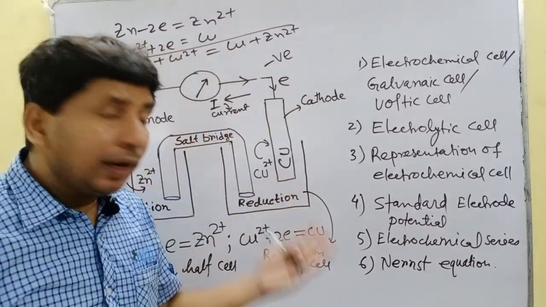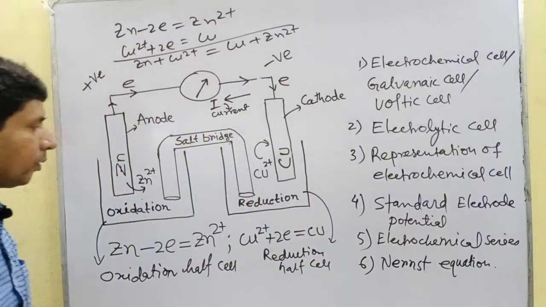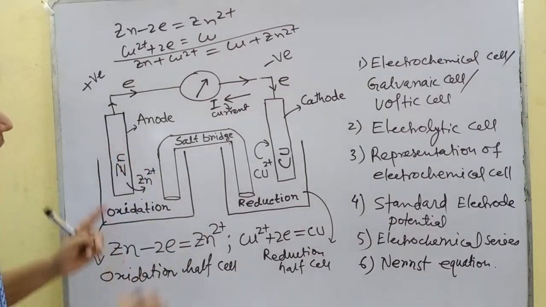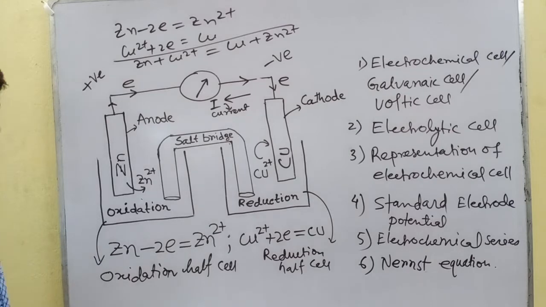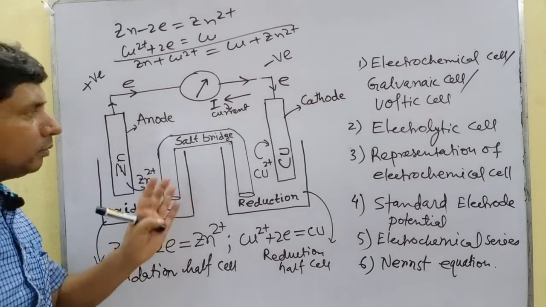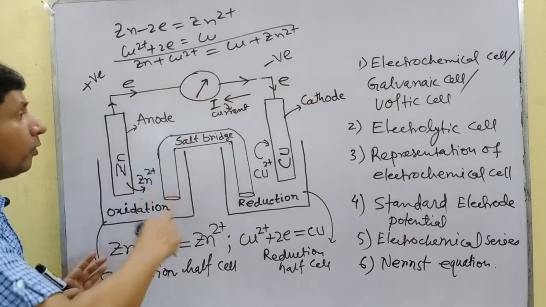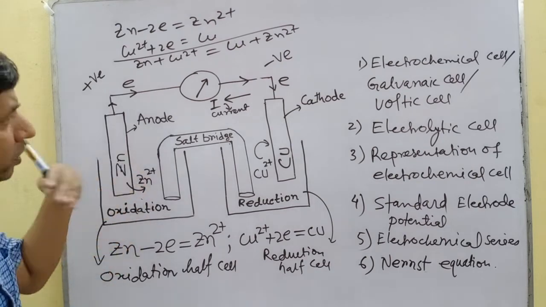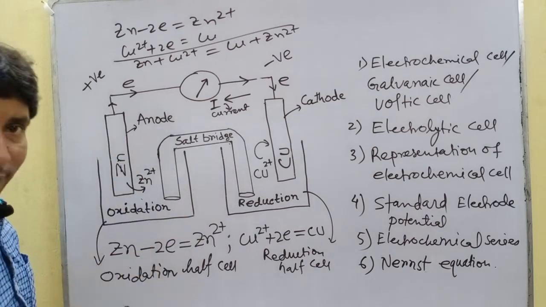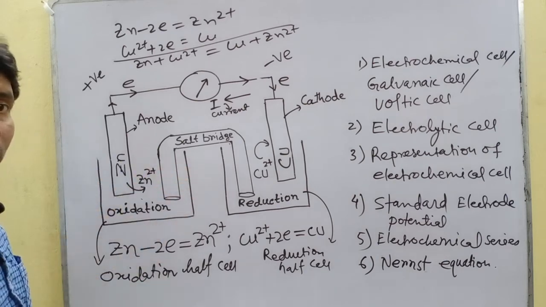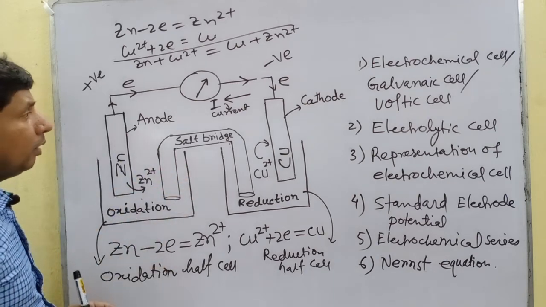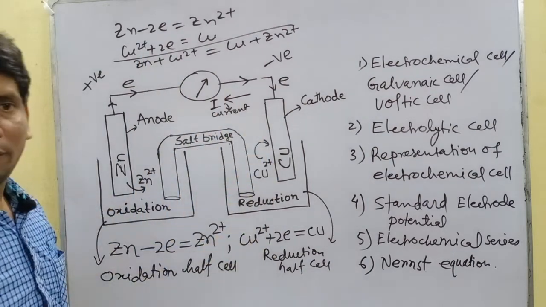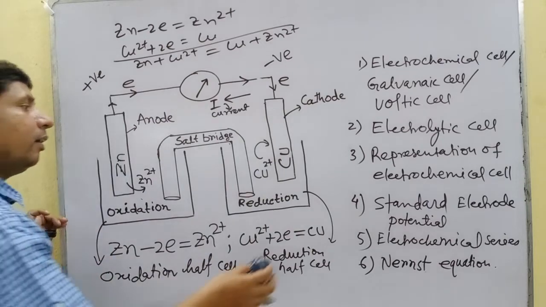Now if we consider it is an electrolytic cell, then what happens? The cell construction is the same. If we supply electrical energy to the cell, and by this energy an electrolysis occurs, then it will be a what?